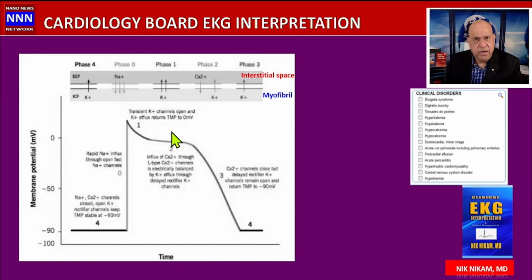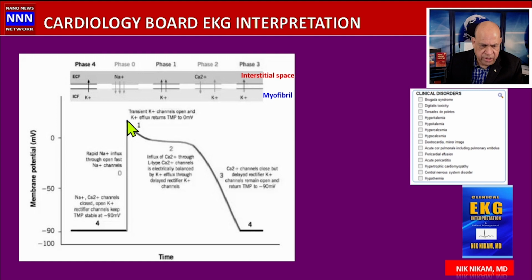In order to understand the metabolic changes that can affect the electrocardiogram, first of all, we need to get back to the basic science, and that is the action potential. As you know, the myocardium has a resting membrane potential of minus 90 millivolts, and with the influx of the sodium ions into the cells, we get phase 0 of the action potential, which represents your QRS complex.